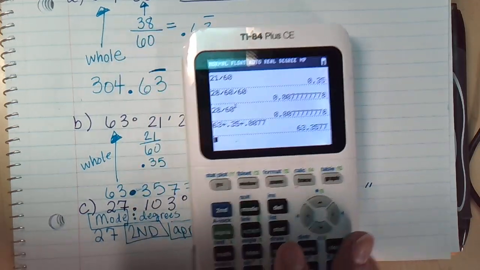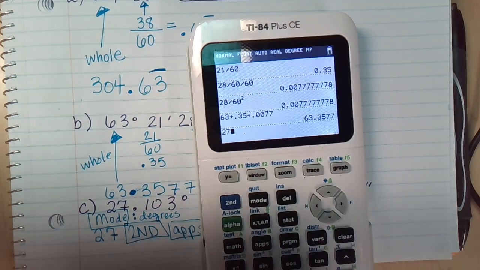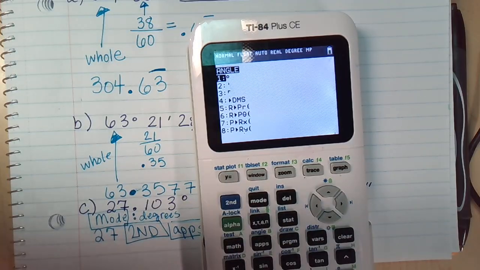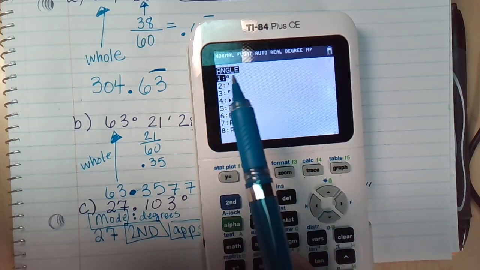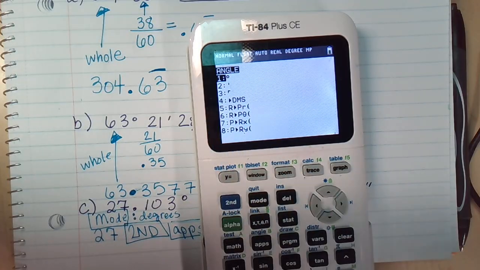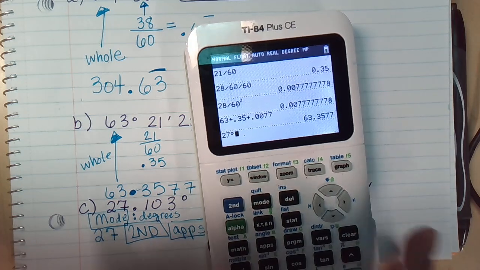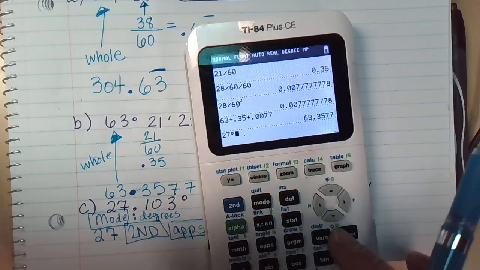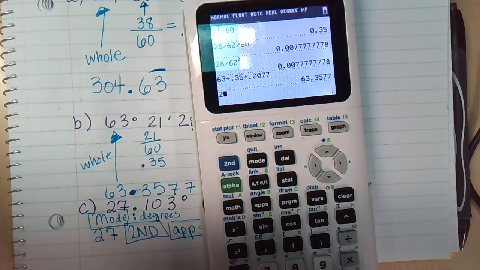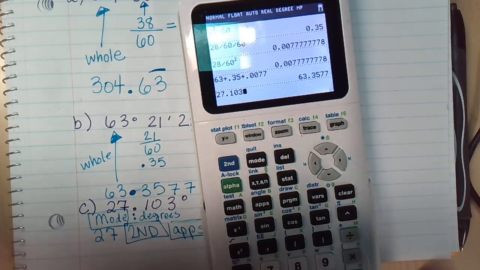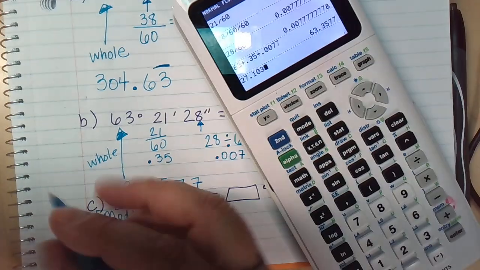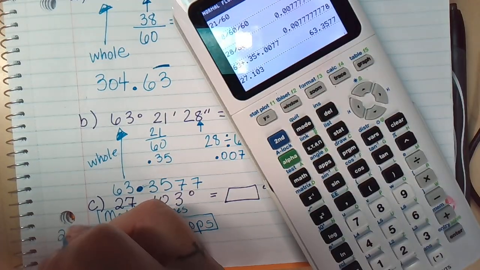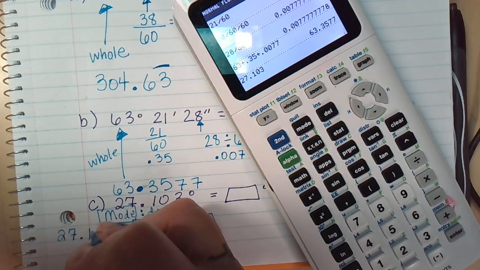So I'm going to type 27, second apps, and then look there, look at that little degree symbol. Okay, press enter. Oops, my bad. Let's type this whole thing. Okay, not just 27, type the whole thing. 27.103.